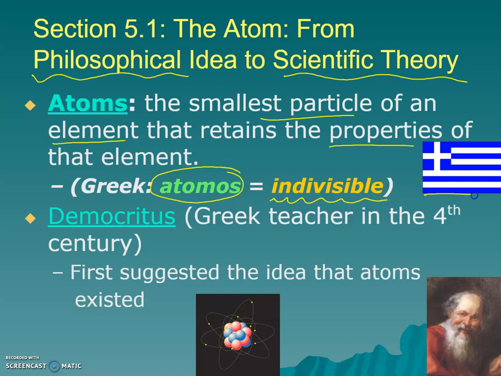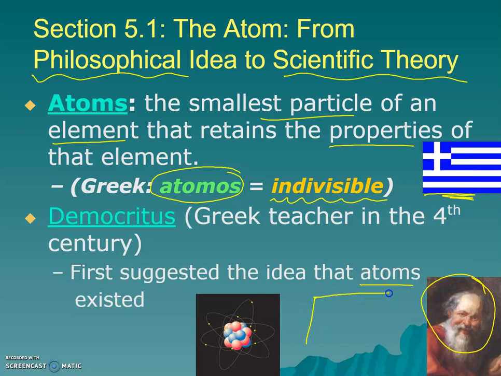The reason it's Greek is because of this fellow right here. This is Democritus. He was a Greek philosopher in the 4th century, I think around the year 340-something. He first suggested that the idea of atoms existed.